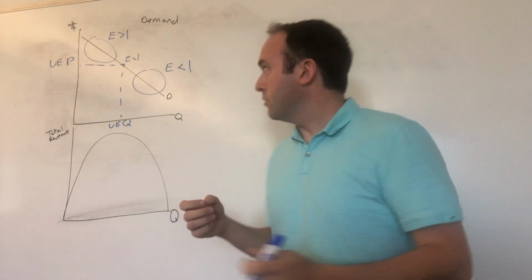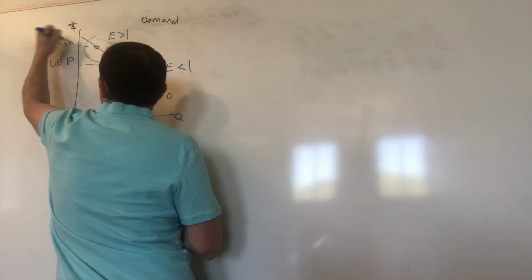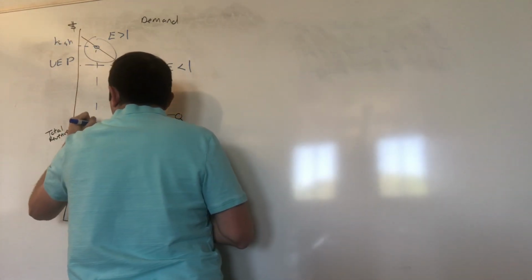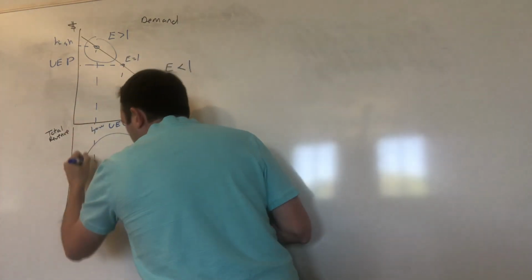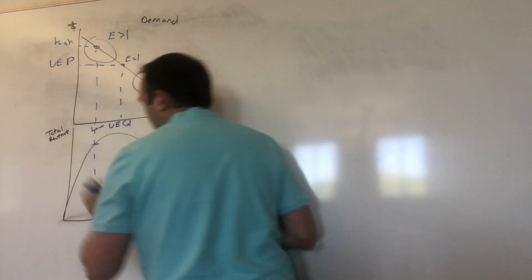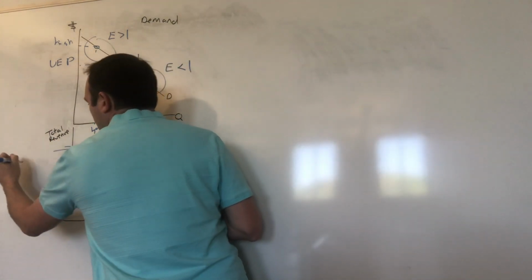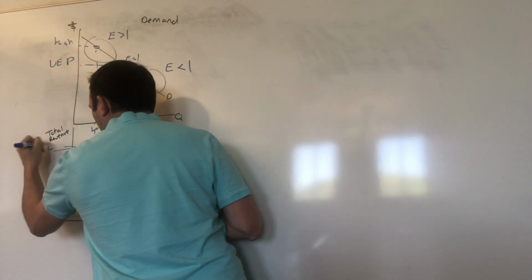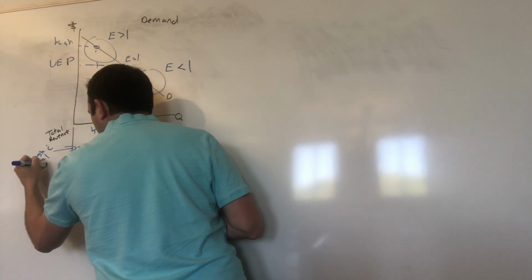If a firm were to pick a point here, high price, low quantity, you would see a revenue which is not maximized. It would be here, let's say this is our elastic total revenue.